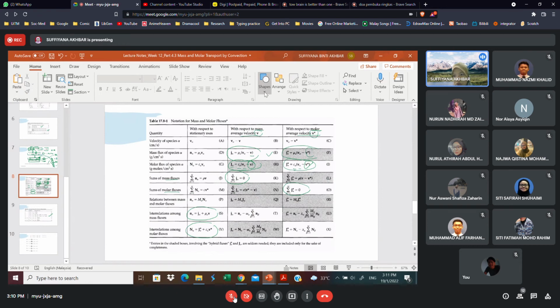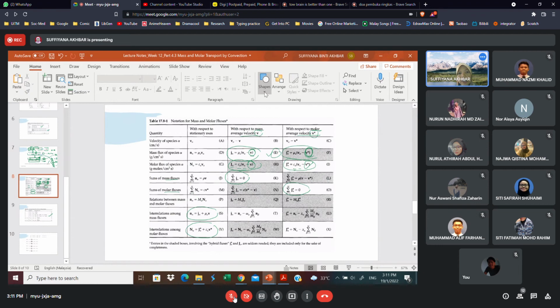So this one number E and then number F here, the mass flux of species alpha with respect to the molar average velocity V star. Okay, apa beza yang E and F here? Dia hanya beza dari segi yang kat belakang ni kelas. Yang kali ni respect to the mass average velocity here, and this one respect to the molar average velocity V star here.